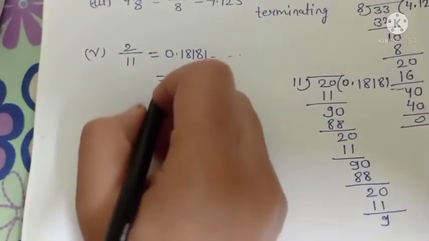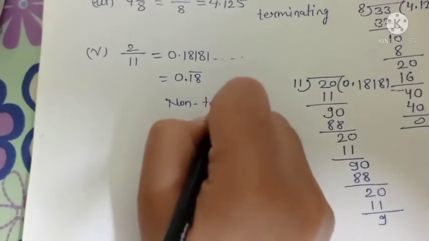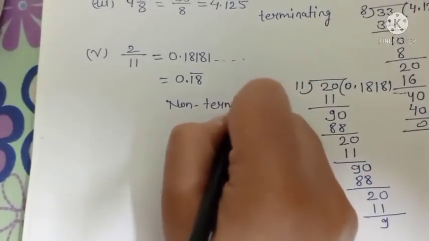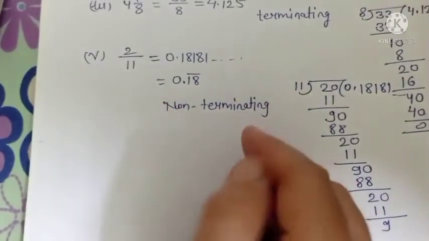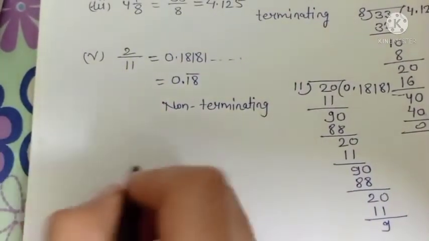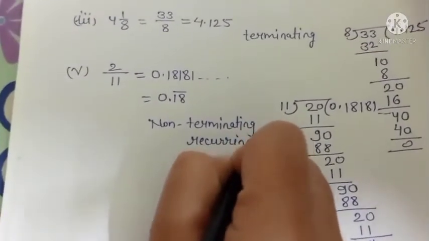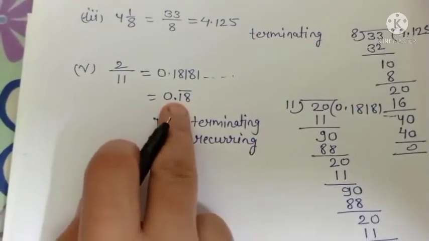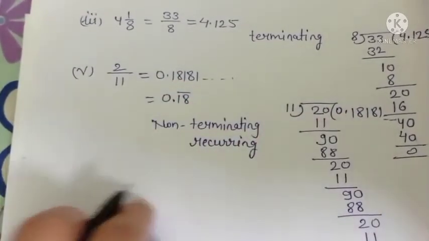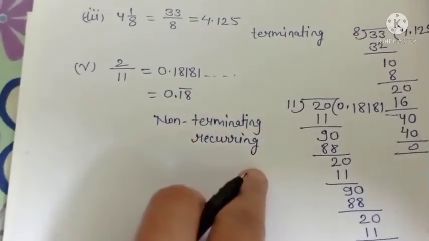This is a non-terminating, never ending process, so we can say non-terminating and recurring. Recurring means repeating process. Repeating means 18, 18, 18 repeated many times.